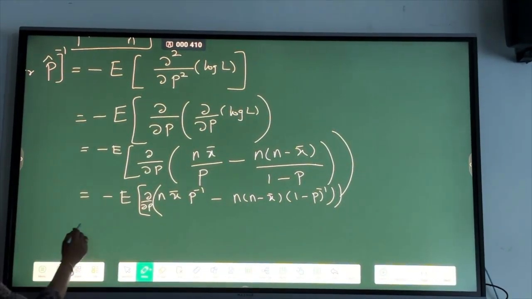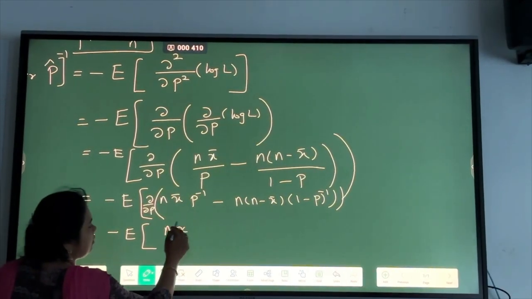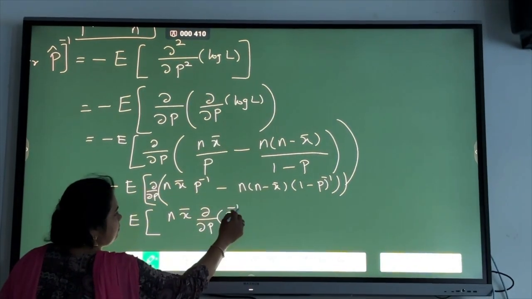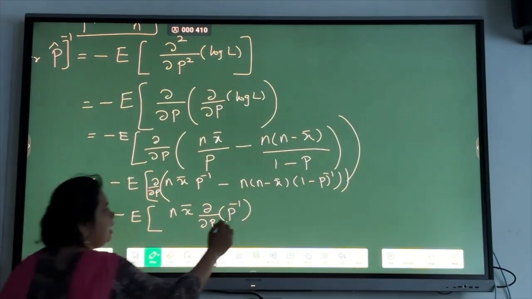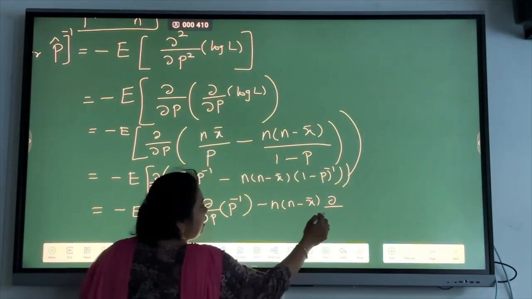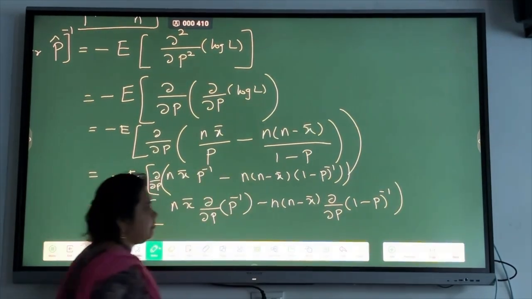So what is your answer? N x bar dou by dou p of p inverse. Correct? And minus n into n minus x bar dou by dou p of 1 minus p to the power minus 1.